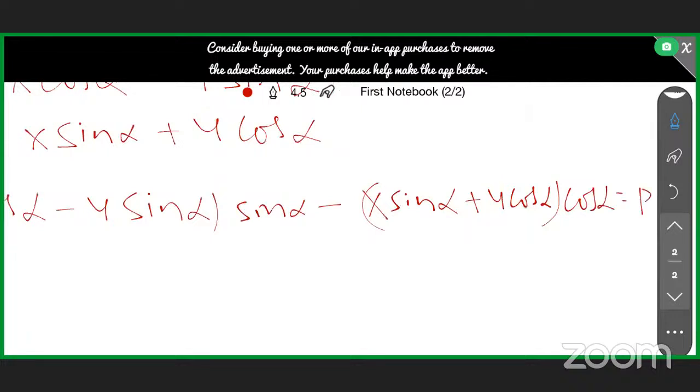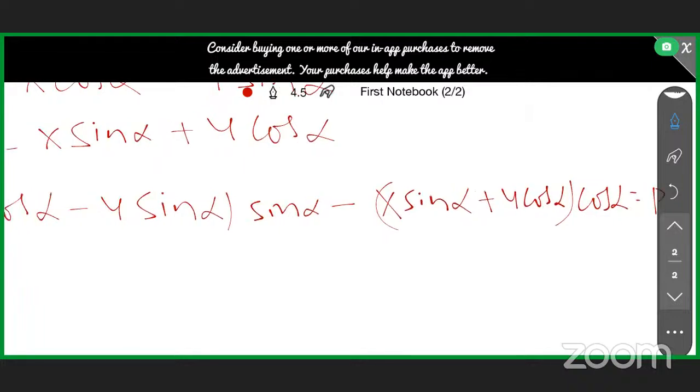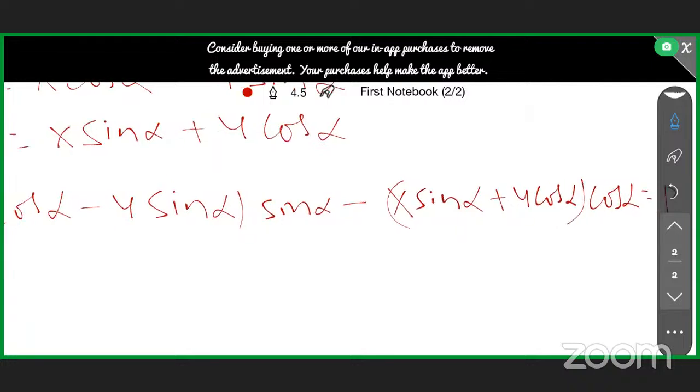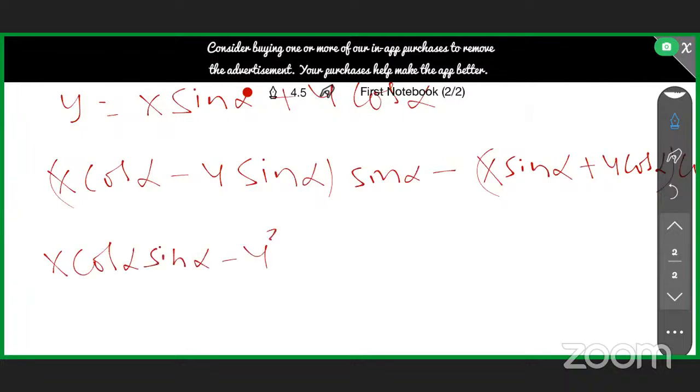Now simplify: x cos alpha sin alpha minus y sin square alpha, minus x sin alpha cos alpha, minus y cos square alpha.